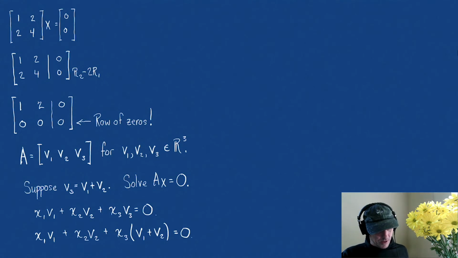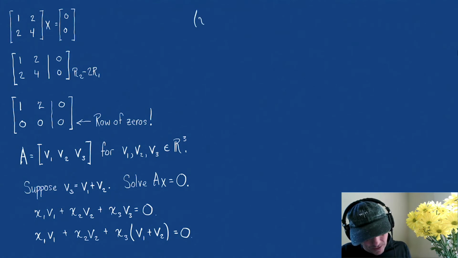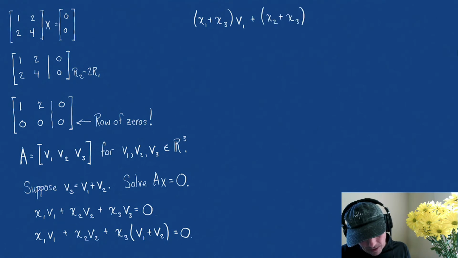Well, how are we going to solve that? Carefully, of course. What does that tell me? If I regroup my v1s, I'm going to write this as (x1 plus x3) times v1 plus (x2 plus x3) times v2, and that has to give me a 0 vector.